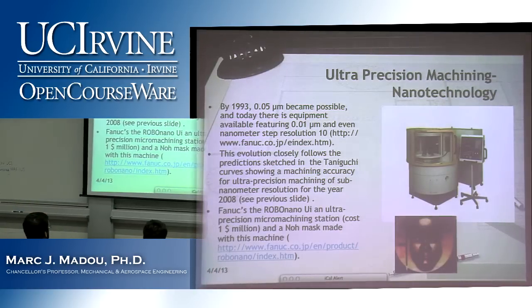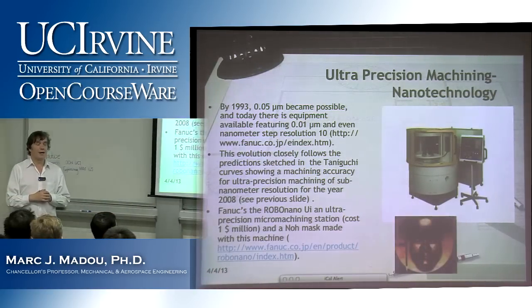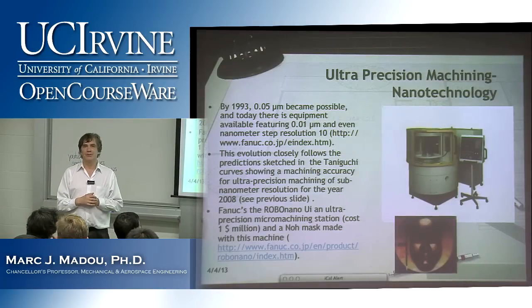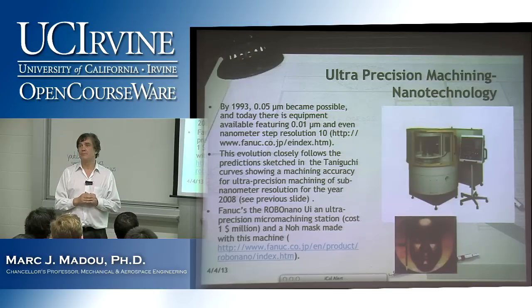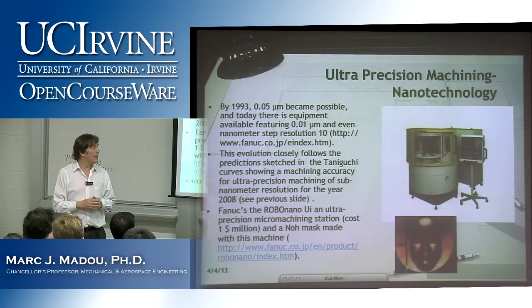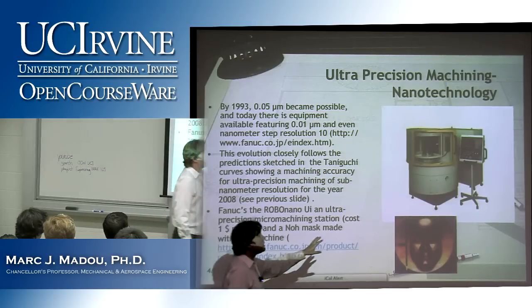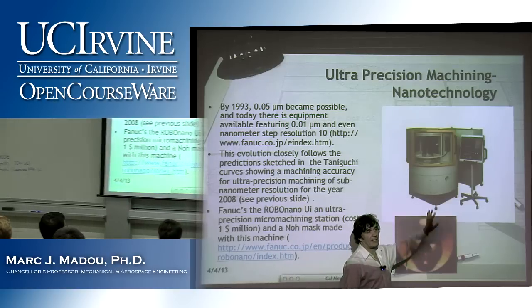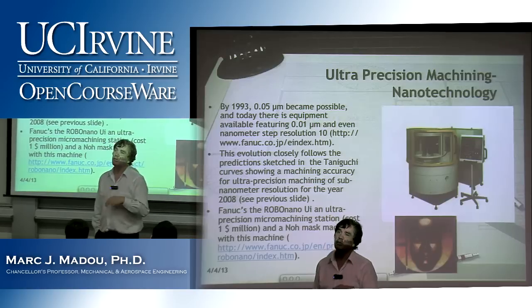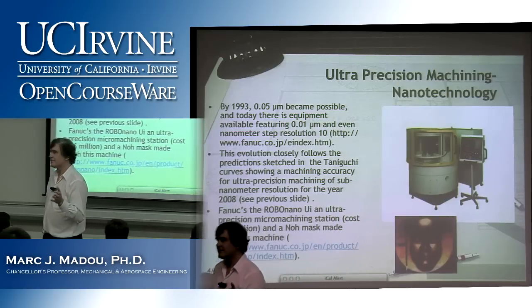So if people talk about machining and say, oh, forget about this old-fashioned CNC machining, it's not true. There's been tremendous development there as well. Actually, this machine is not even available in the United States. And why would you do that in a country?